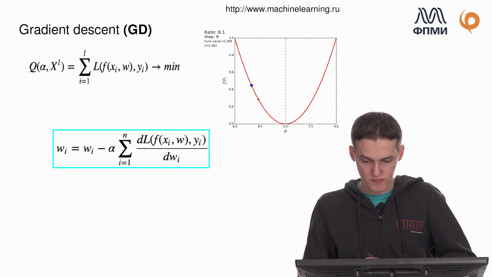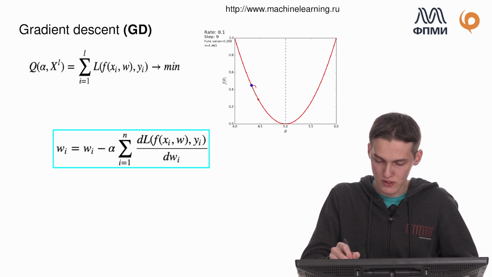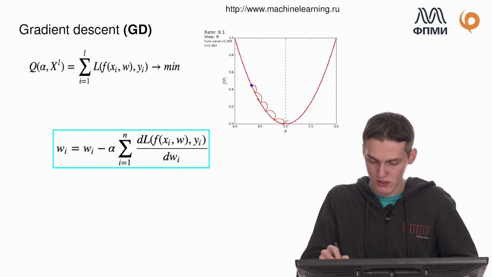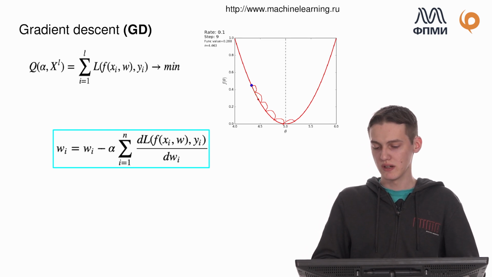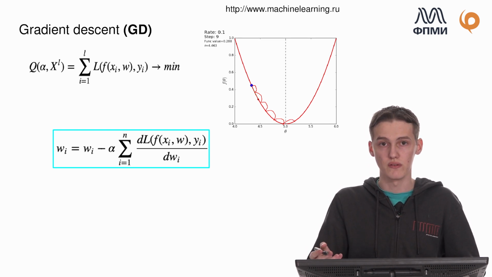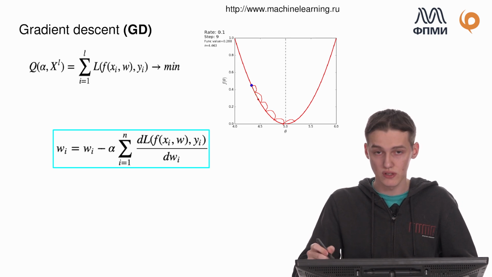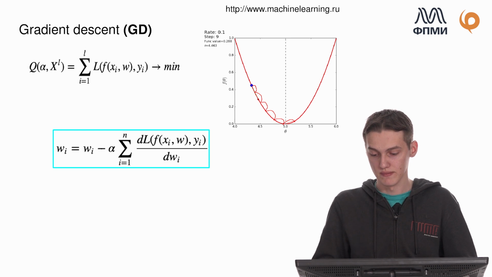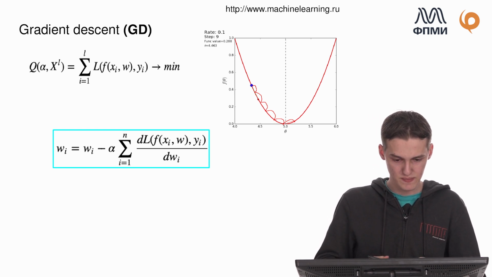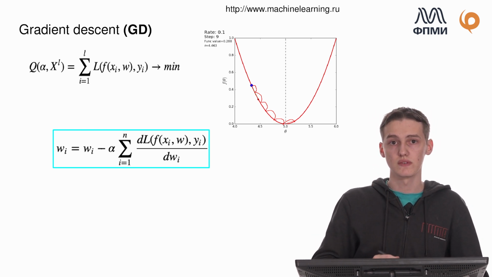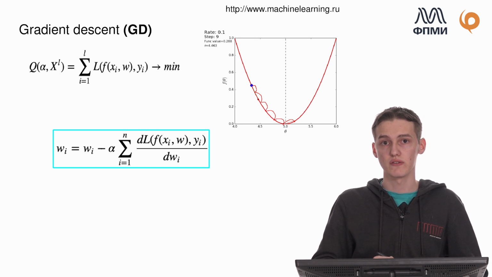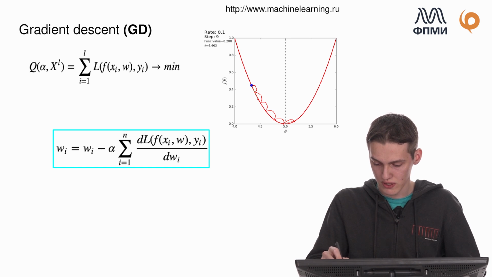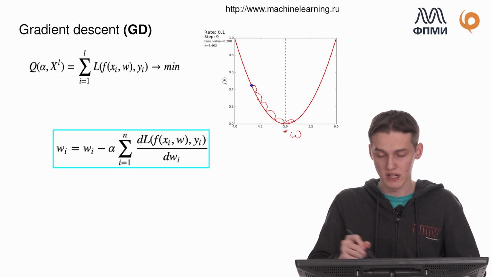And let's see, we'll just go down like this, and when we jump over the global minima, we'll go the other way, because the derivative changes sign. And eventually we'll come to the bottom of this parabola. Remember, we're traveling here in parameter space, so this value actually is omega.